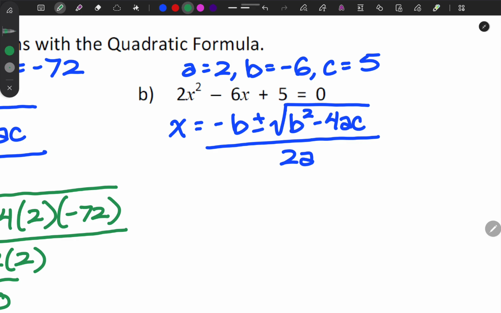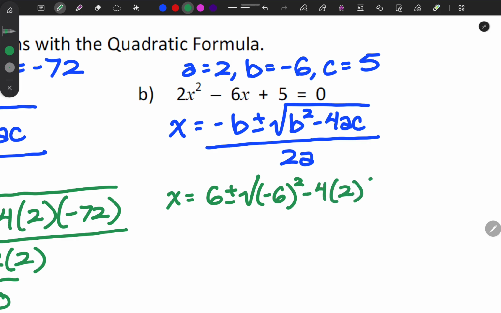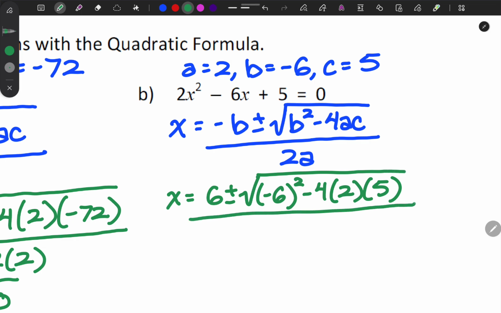And again, we just substitute in our values of a, b, and c. So we'll have positive 6 plus or minus the square root of negative 6 squared minus 4 times 2 times 5 all over 2 times 2.